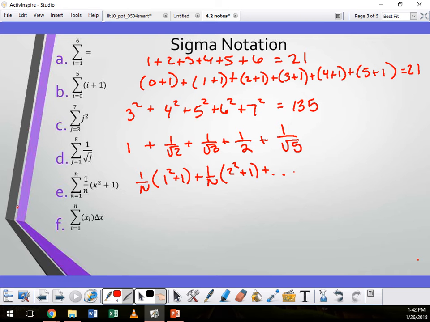But it's an n. How far do I take that? To the nth term. So the nth term would be 1 over n squared plus 1.